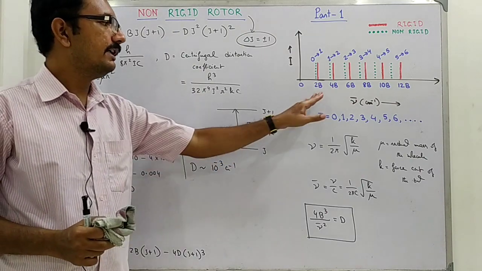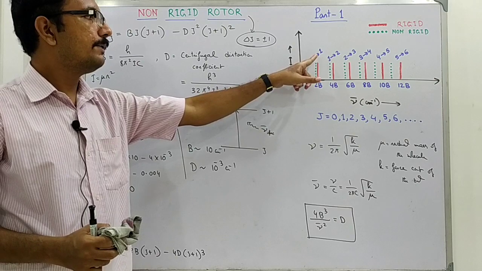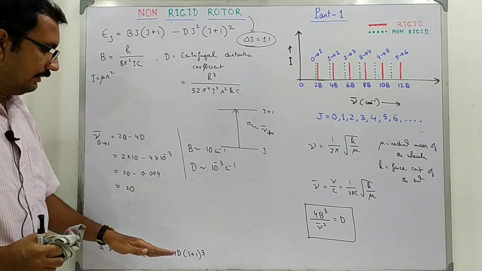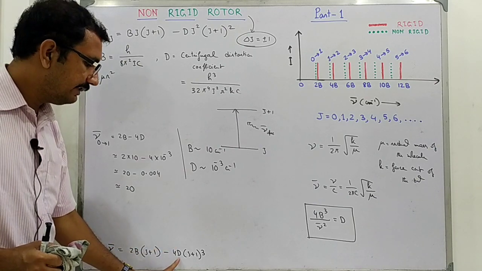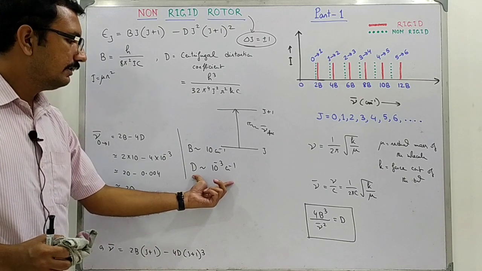So, for the lower level, when the transition occurs from the ground state to the first excited state, the impact of d is negligible, since the value of d is small.